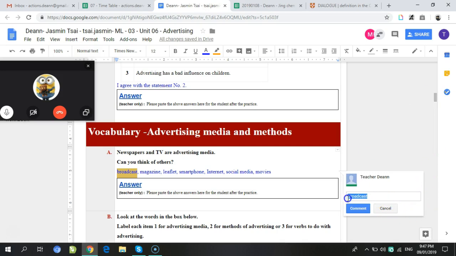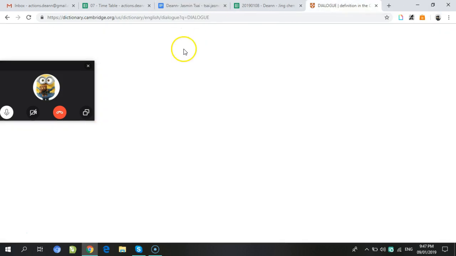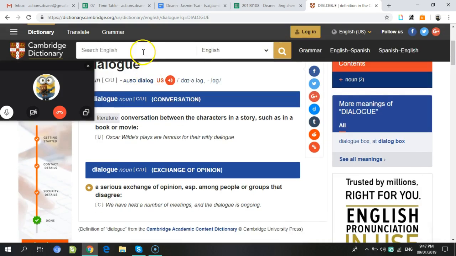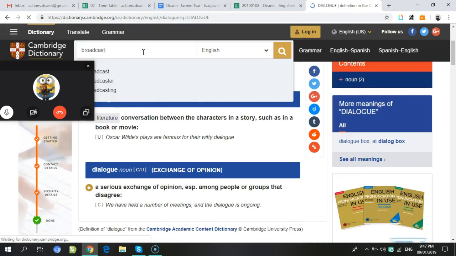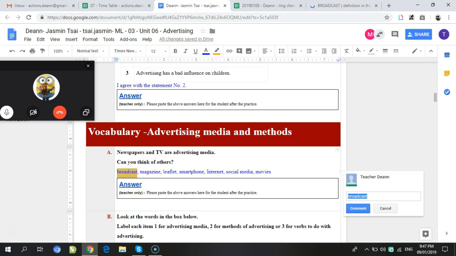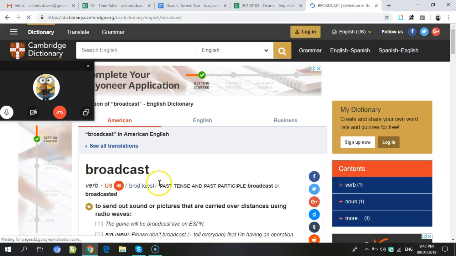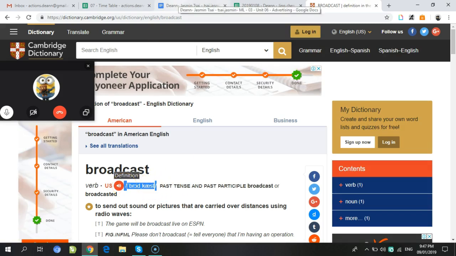Okay, so those are your answers for this part. Okay. So which one do you usually use? Is it the newspaper, the TV, or the internet?